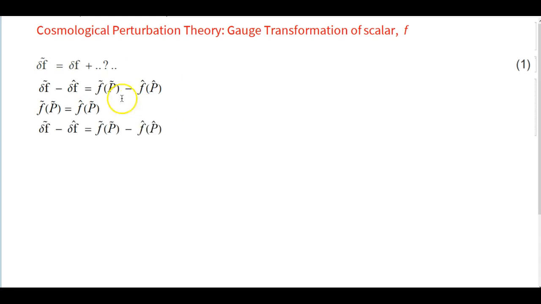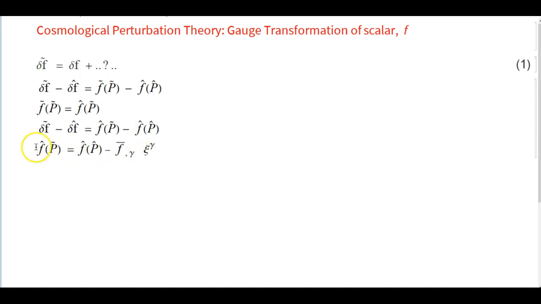We have also seen in our previous lecture how the values at p tilde and p caret are related in one single gauge. If we look at the values of the scalar f at p tilde and p caret in gauge 1, they are related according to an expression which we have seen in previous lectures.